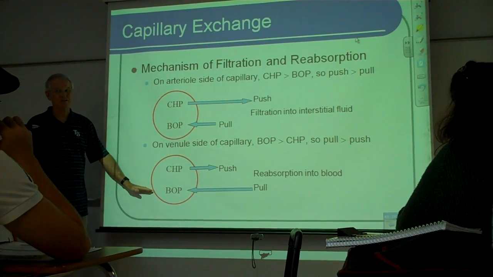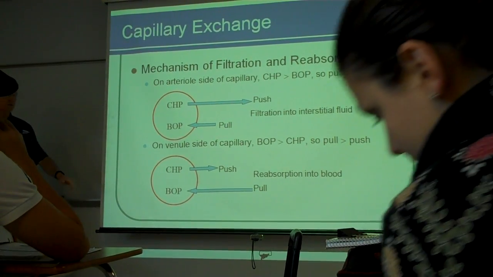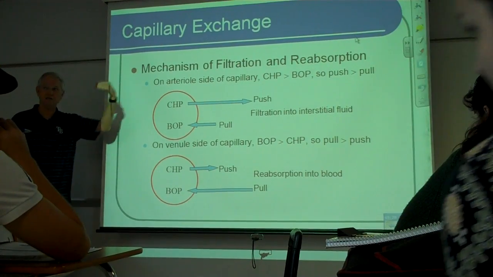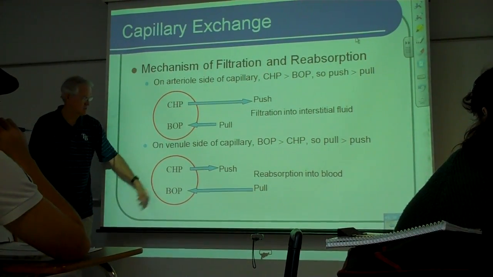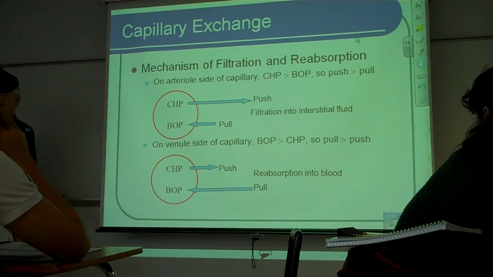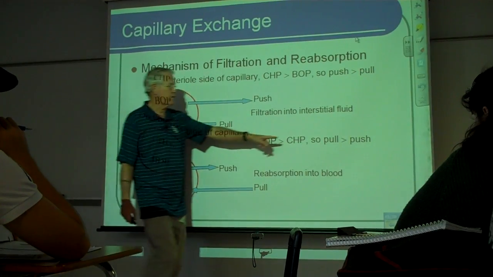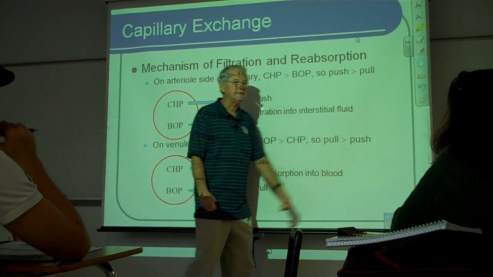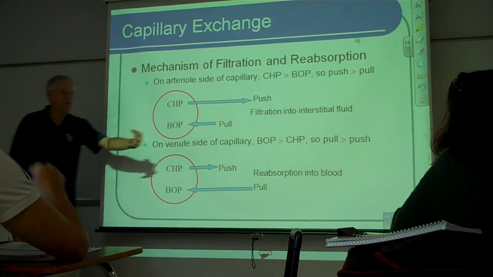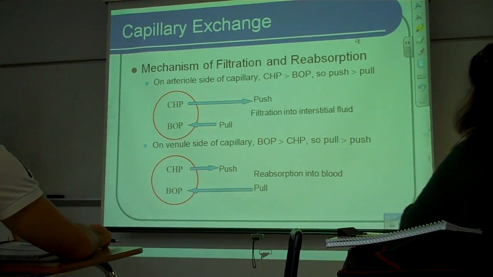But by the time you get to the outgoing side of the bed, the capillary hydrostatic has declined. The osmotic pressure is exactly the same as it was coming in, and thus the effect on that side is for the pulling pressure inward, that's the osmotic pressure, to exceed the push. And so now more fluid is pulled into the capillary than is going out.